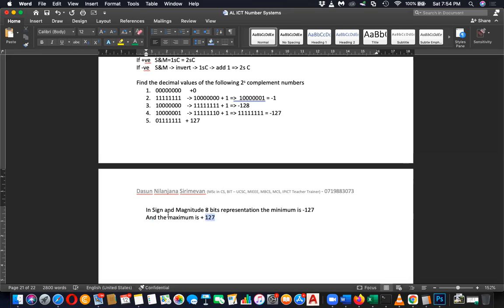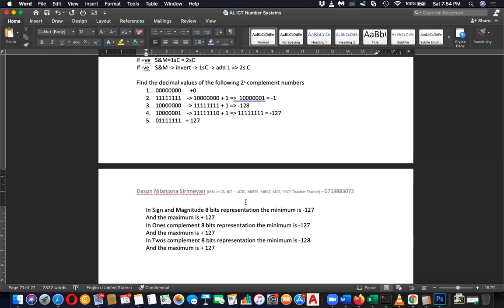Sign and magnitude. So in one's complement also this is the same. But in two's complement, the minimum is minus 128 and the maximum is 127.